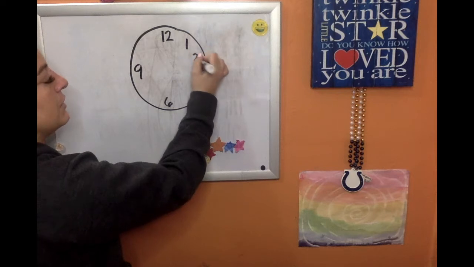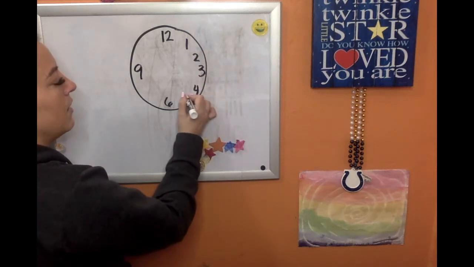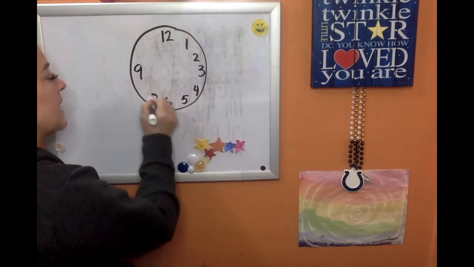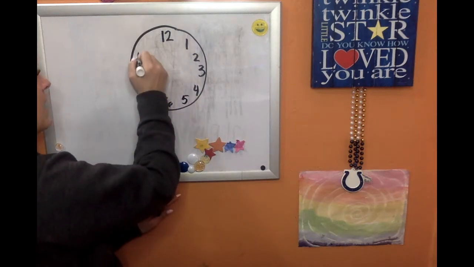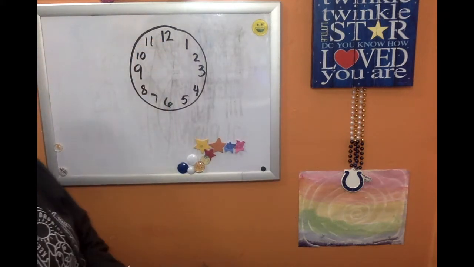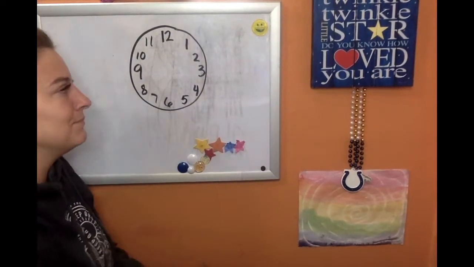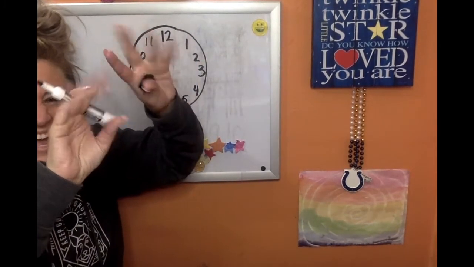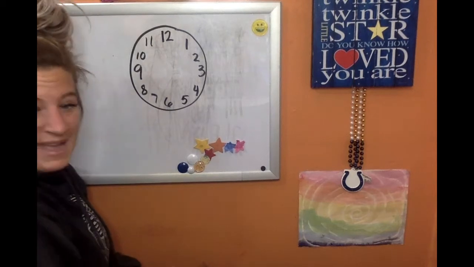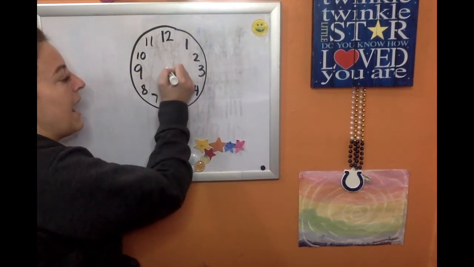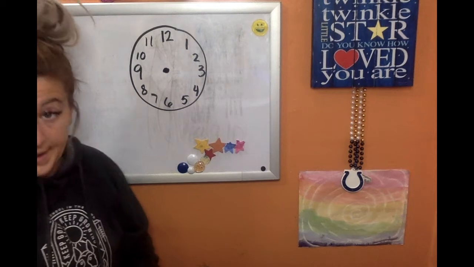1, 2, 3, 4, 5, 6, 7, 8, 9, 10, 11. And there's 2 arrows. Well, we call those hands. Not like these hands, but they're telling time hands. We have a minute hand and an hour hand.